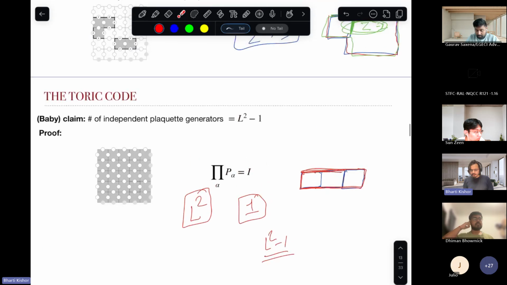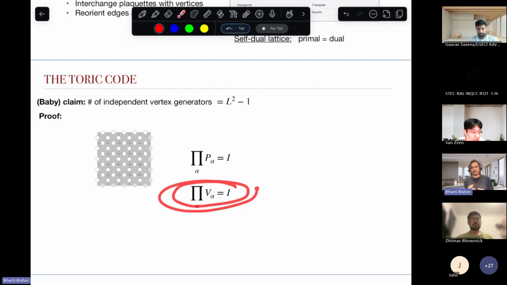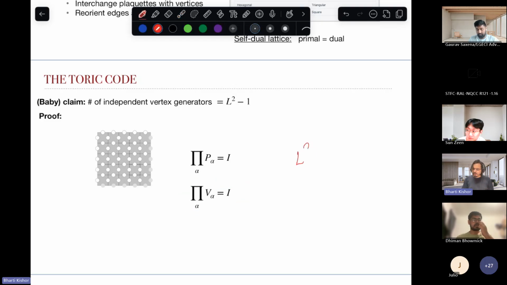So we got this statement that the number of independent plaquette generators is L square minus 1. One can play the same game for the vertex case on the dual lattice. You get a constraint from multiplying all the vertex generators. So you have L square vertex generators, and there is one constraint.